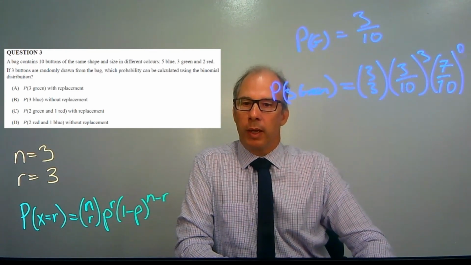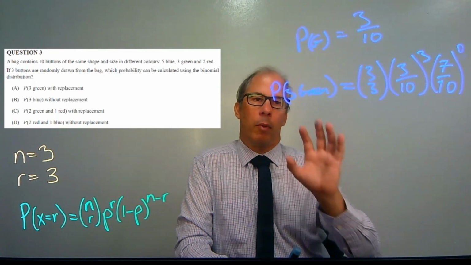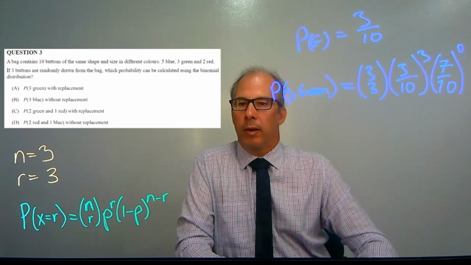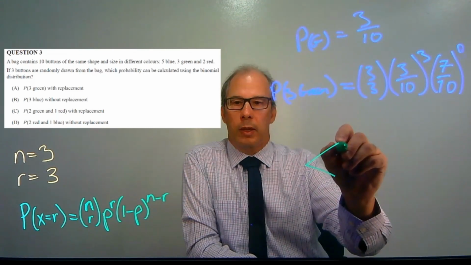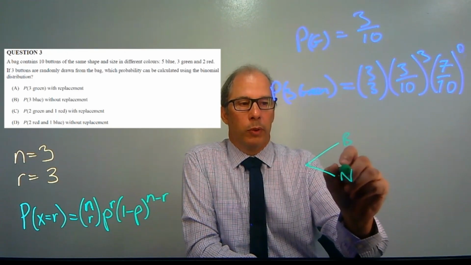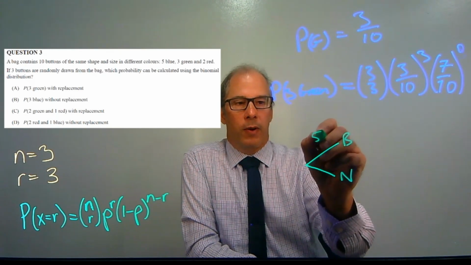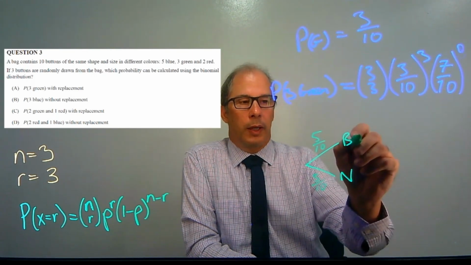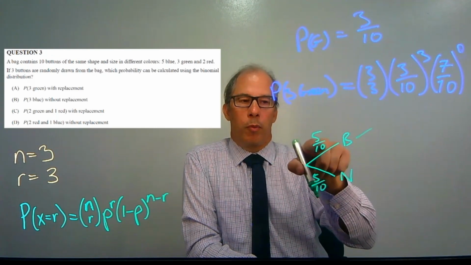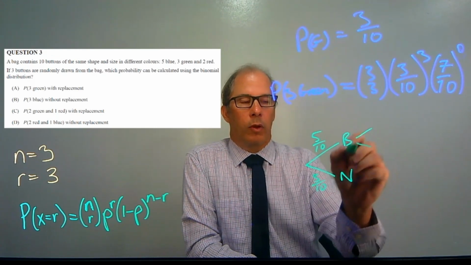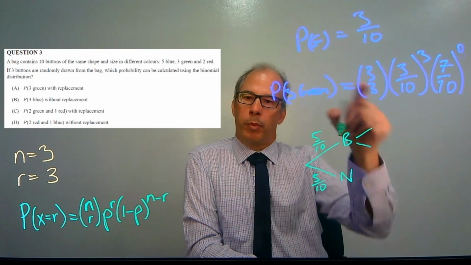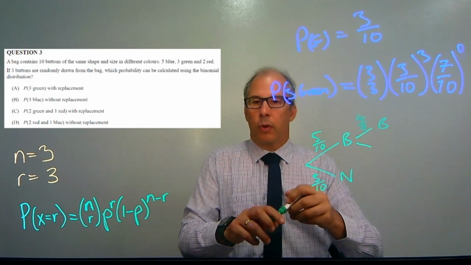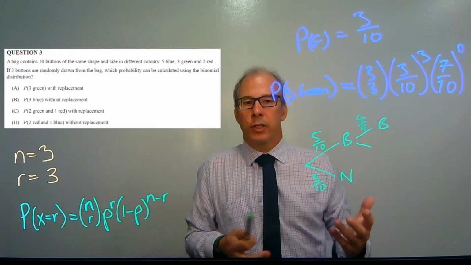If you wanted to explore some of the others, I suggest you could set up a tree diagram or something like that for testing out B. Blue or not blue: you're going to get 5 out of 10 for blue, or 5 out of 10 for not blue, and then once you don't replace a button back in the bag, the probability changes. So to get another blue, it's now 4 out of 9. You can see already that without replacement changes the probability.